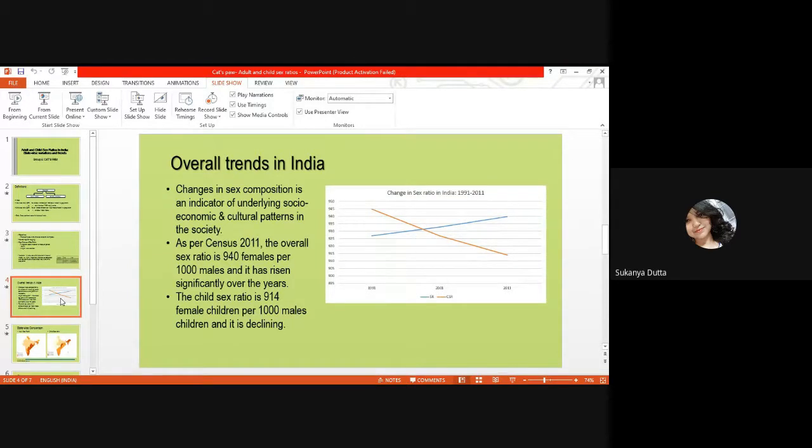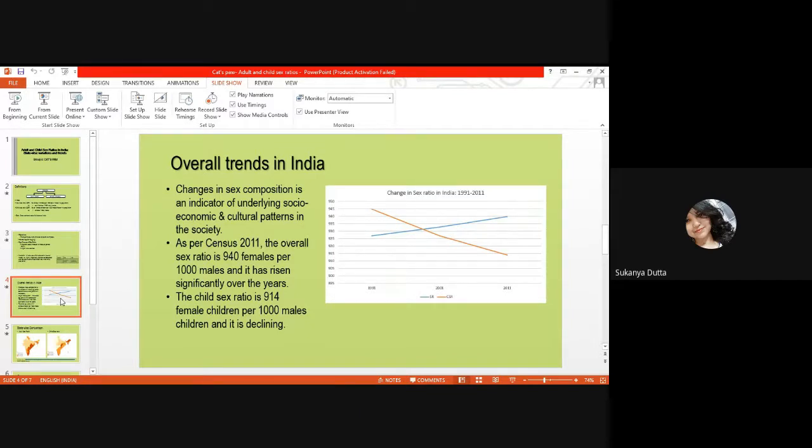Now, as is evident from the graph, in 2011, the overall sex ratio is 940 females per 1,000 males, and the graph shows that there has been an increase in the overall sex ratio over the years, but the child sex ratio has been dropping, and it's currently at the lowest in the last 20 years at 914 female children per 1,000 males.